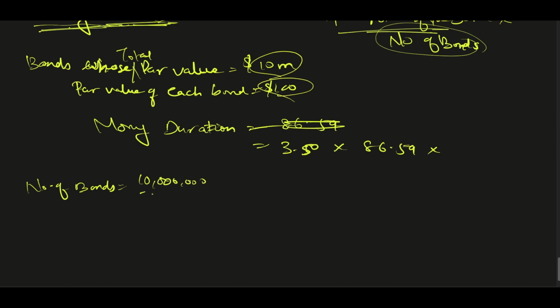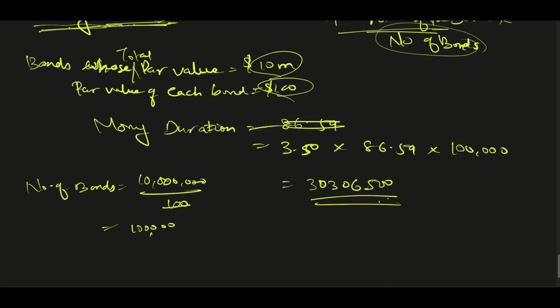That will give me 100,000 bonds. So number of bonds is equal to 100,000. So I'll multiply by 100,000. That will give me 30,306,500. So this is the money duration.